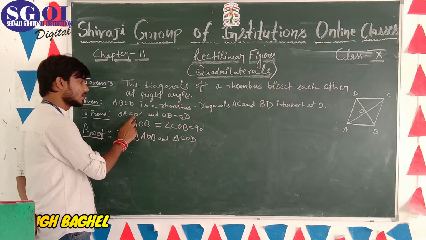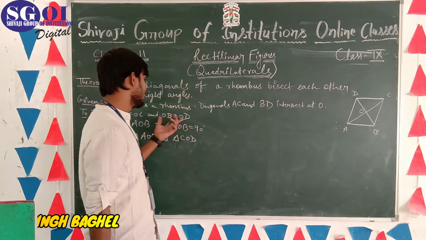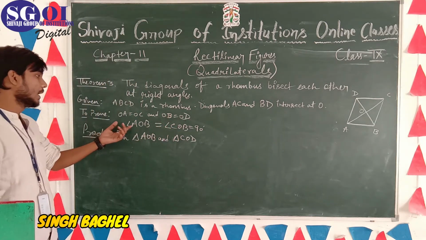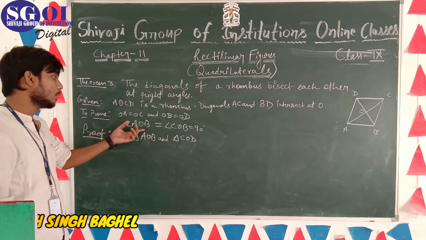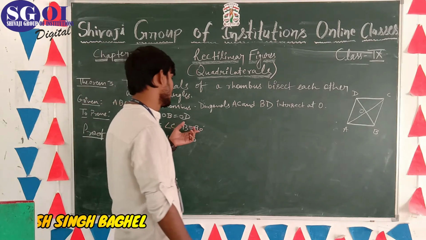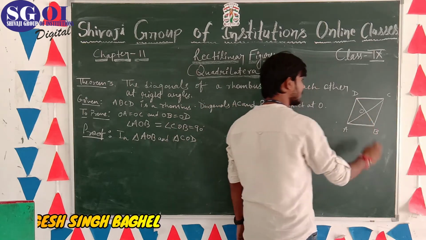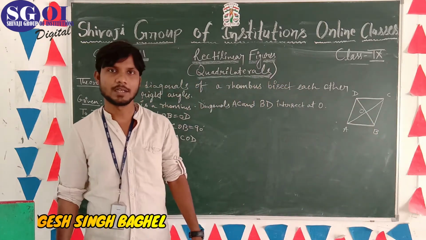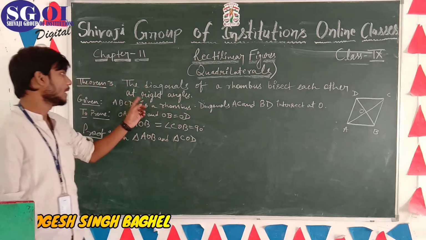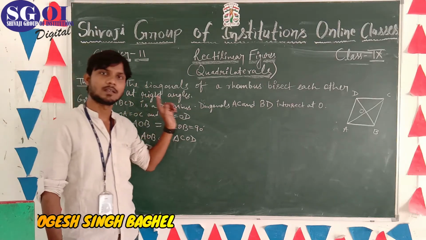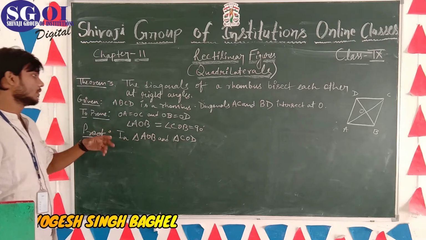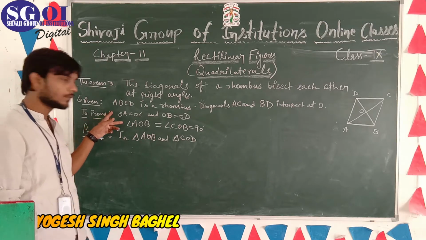This is what we have to prove. And the next point we have to prove is angle AOB is equal to angle COB is equal to 90 degrees. Means the diagonals bisect each other at right angles. Right angle means 90 degrees. So these are the points which we have to prove.